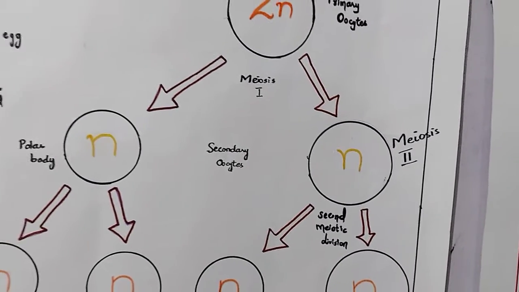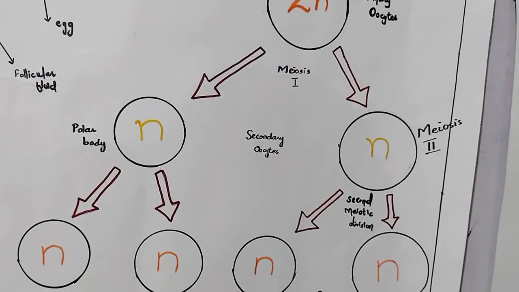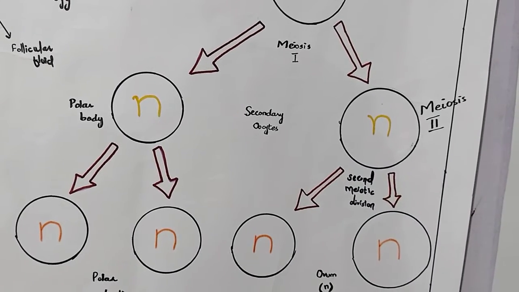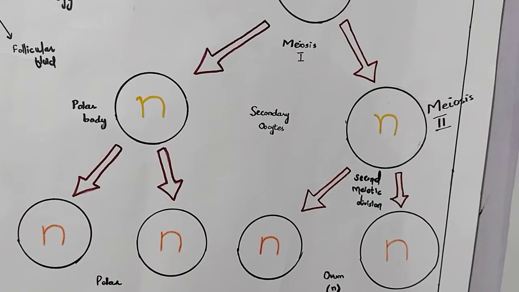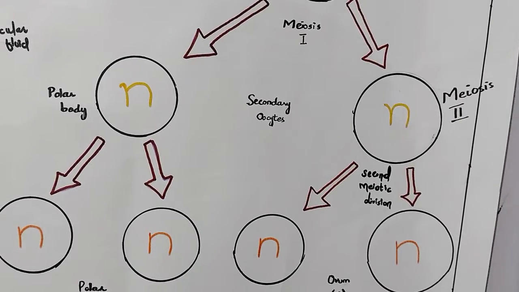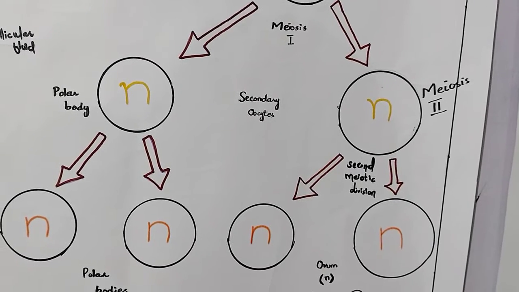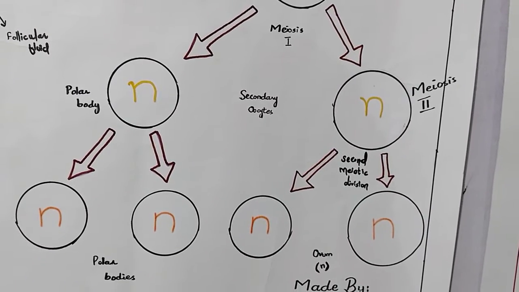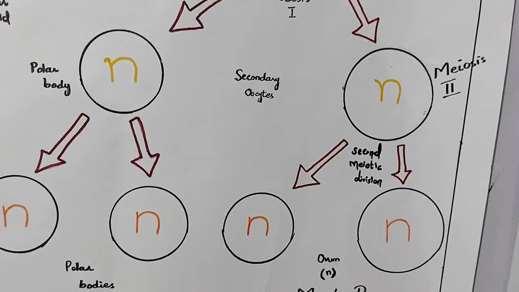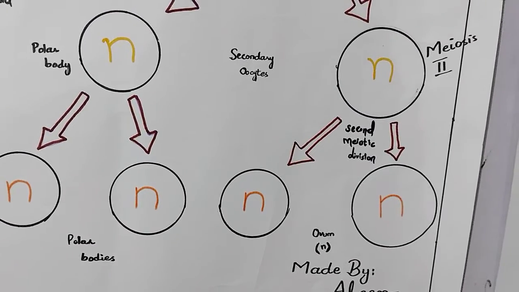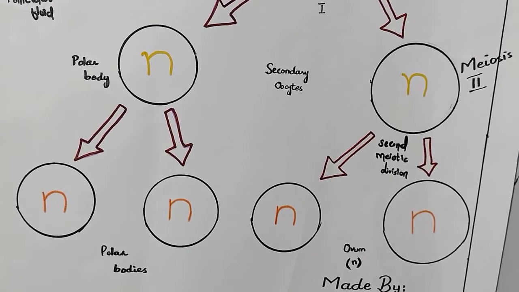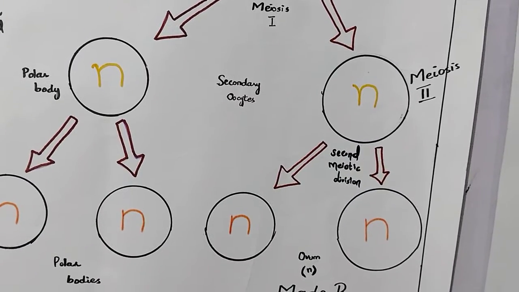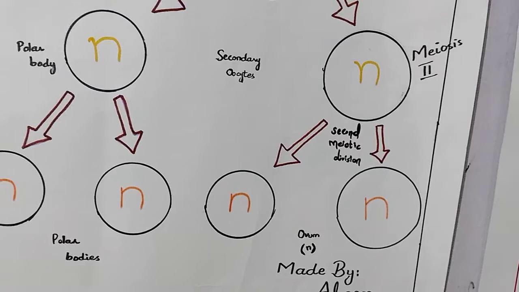Now the secondary oocyte and the first polar body undergo the second meiotic division. After the second meiotic division, what will happen? The secondary oocyte is further divided into two cells, and during meiosis II the number of chromosomes remains the same. Must keep it in your mind. So the secondary oocyte forms one ovum and a second polar body.